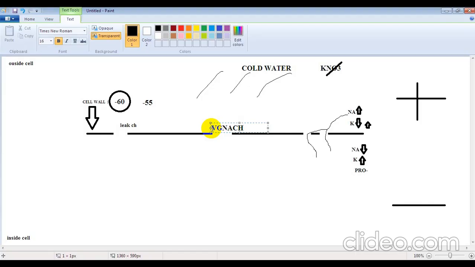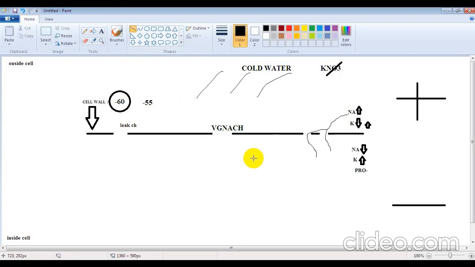In our case, when we reach -55, the sodium channel is already closed. When the sodium wants to enter the cells, it gets to the voltage gated sodium channel, but the channel is closed.